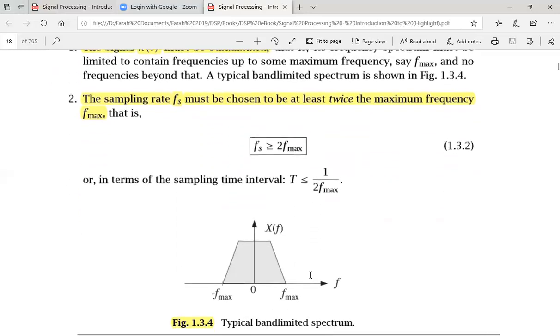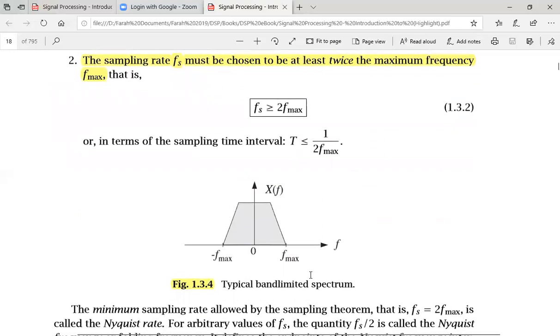Here you see a band limited signal. A band limited signal is one whose frequency spectrum, meaning its Fourier transform, becomes zero after a certain maximum frequency. Here x of t is a time domain signal and its Fourier transform is X of f. X of f only exists between minus f maximum and f maximum.